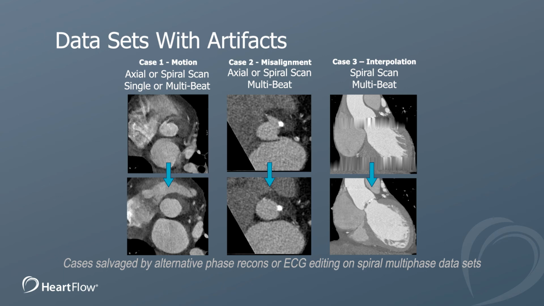However, if we're fortunate and we can fill in the data gaps when the heart is not moving during diastole, we can insert syncs and now you can see a diagnostic image. All of these are examples of cases that could be salvaged by alternative phase reconstructions or ECG editing.